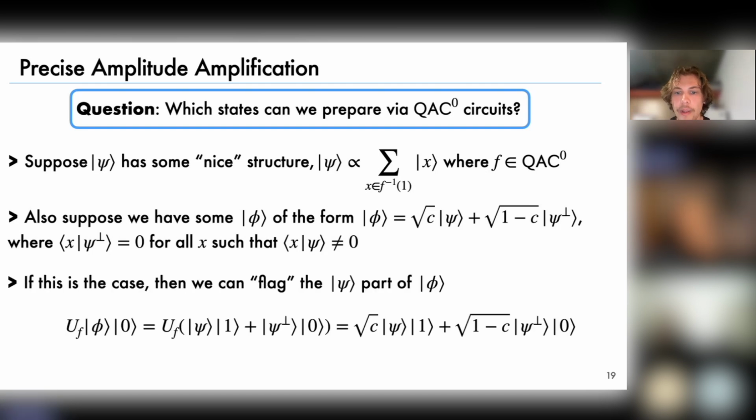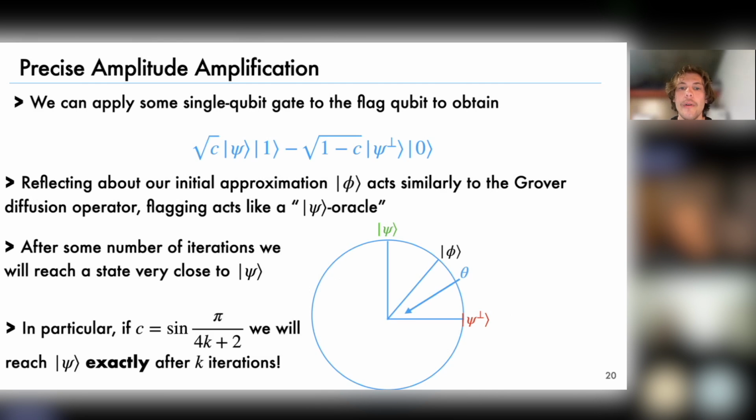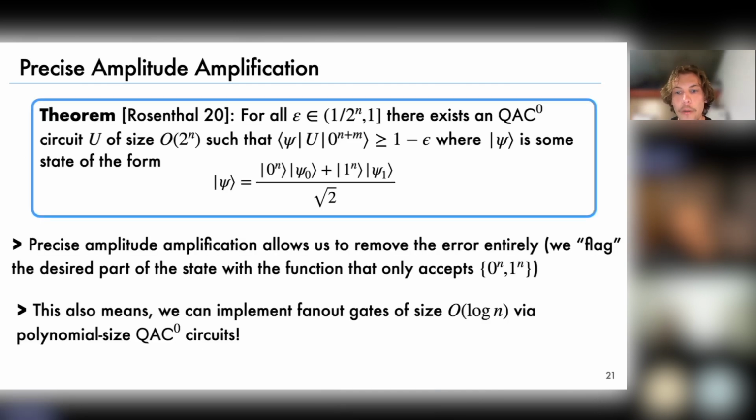And we can apply this flagging based on this Boolean function that only accepts 1 to the n and 0 to the n. And so all this to say that we can exactly prepare an n-qubit GHZ state in QAC0, but the circuit still has to be exponential size. But at least we're able to remove the approximation error.